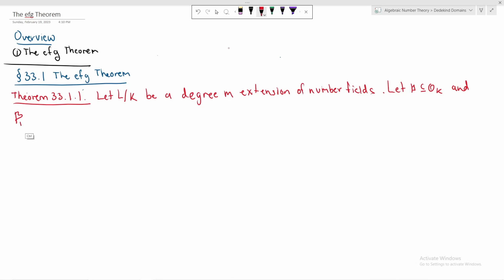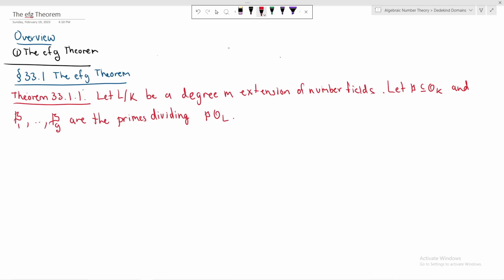So these big P1 through big PG are the primes dividing P O sub L.